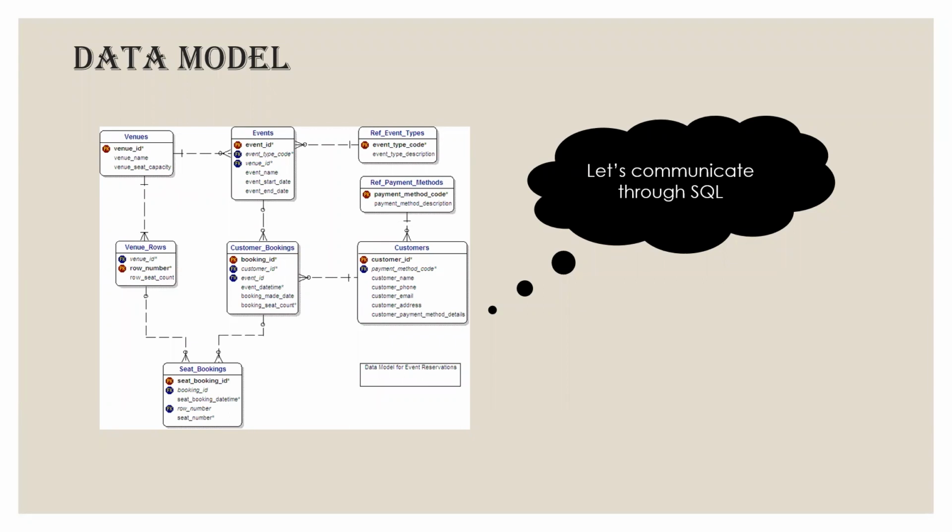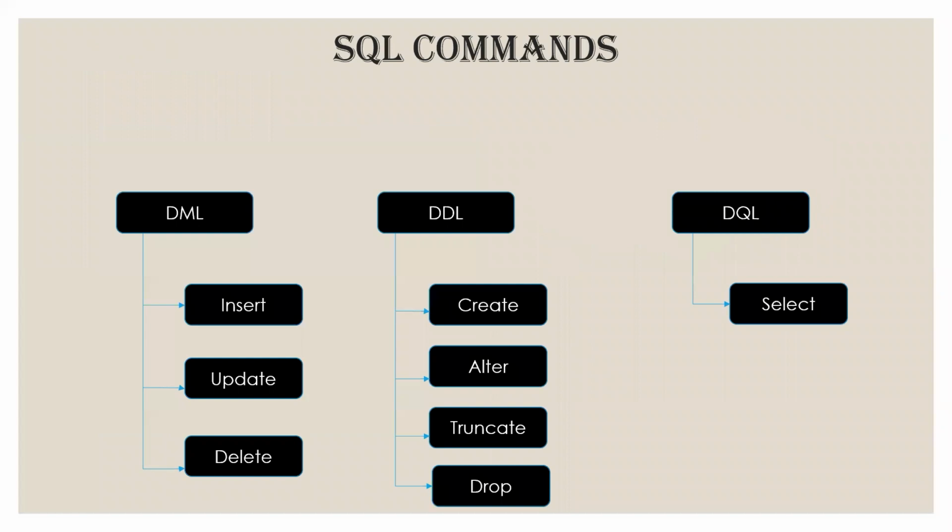The relationships between these tables can be understood from this model. Now, we are going to focus on how I'm going to talk with all these tables, how I'm going to communicate with them through a programming language called SQL.